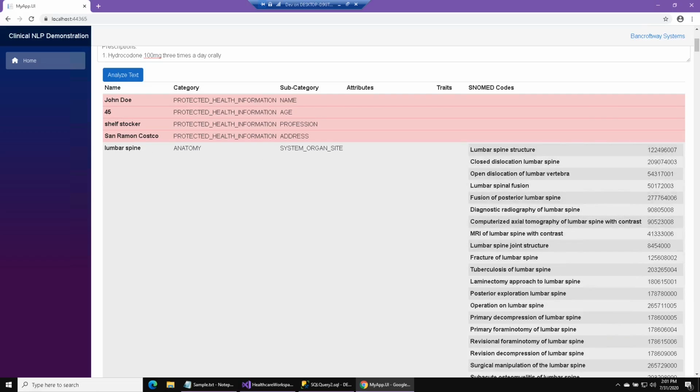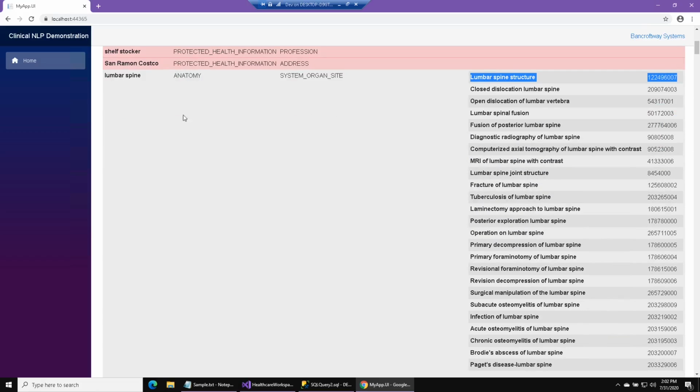For example, when we say lumbar spine, one of the possible applications could be to let the clinician further specify exactly what they meant. We could give them an autocomplete or a drop down, and we would store the exact SNOMED code of what lumbar spine they really meant.